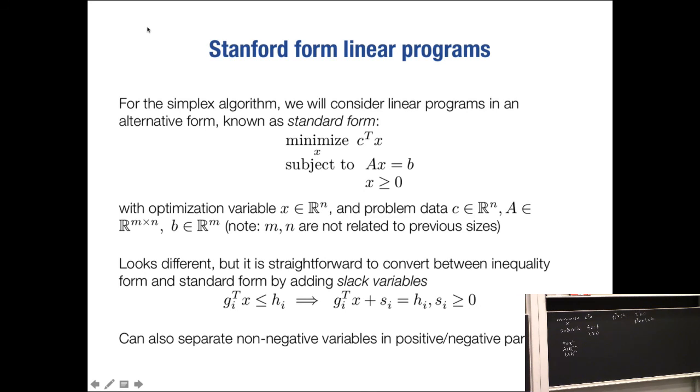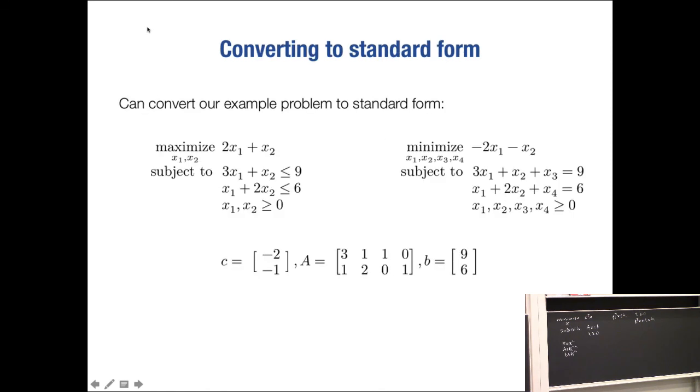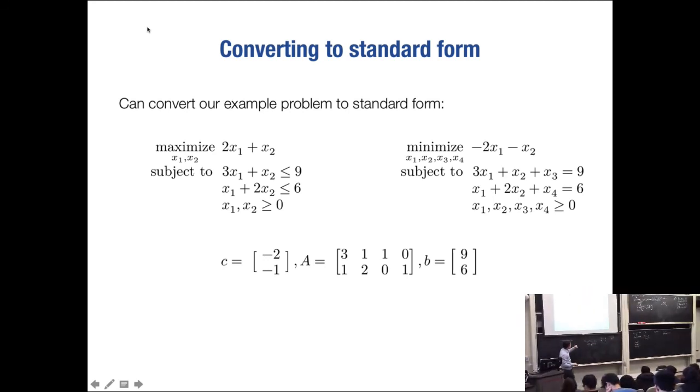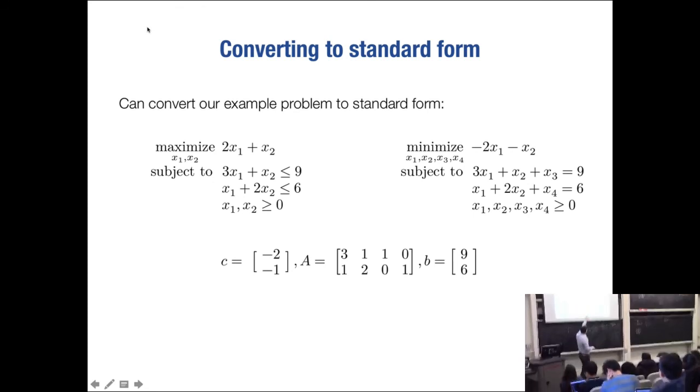Okay. So let's give an example of how we convert to standard form. Here's our original problem, which we wrote in inequality form. That was the problem of chairs and tables. We had two inequality constraints plus the non-negativity constraint. The way we write that in standard form is, first of all, we flip the objective, right? So we now have -1 and -2 and -1 as the coefficients on the objective because we're minimizing instead of maximizing.